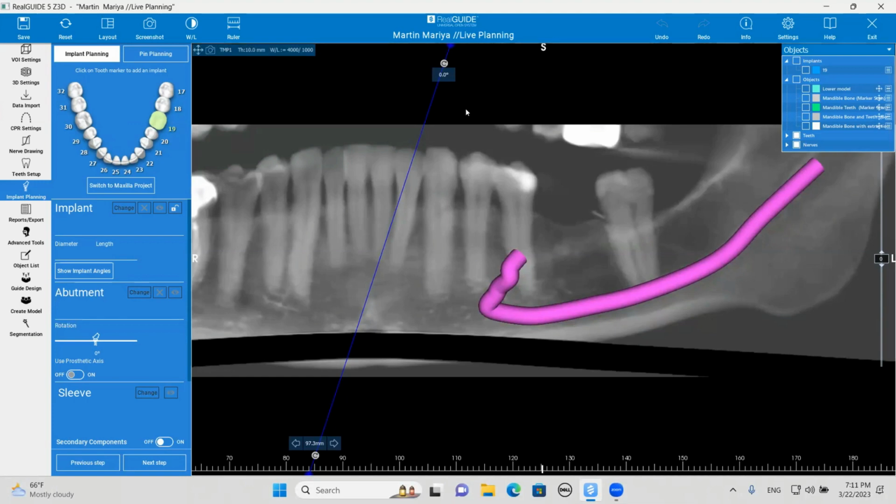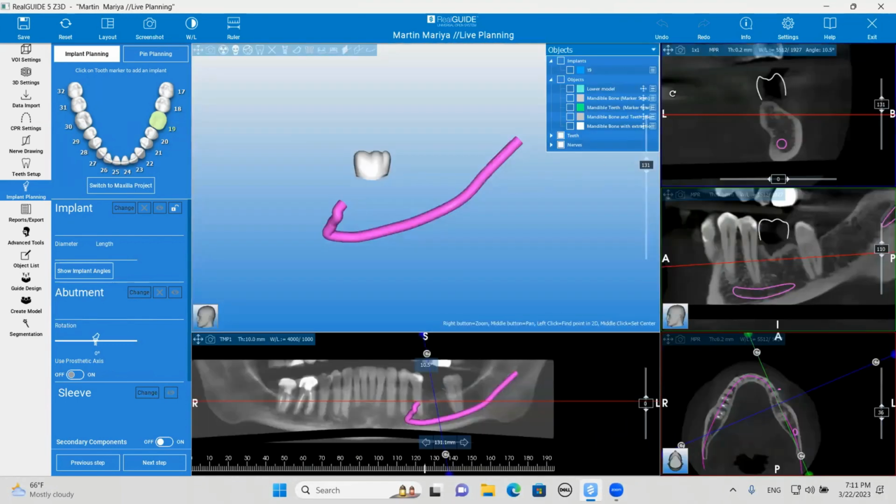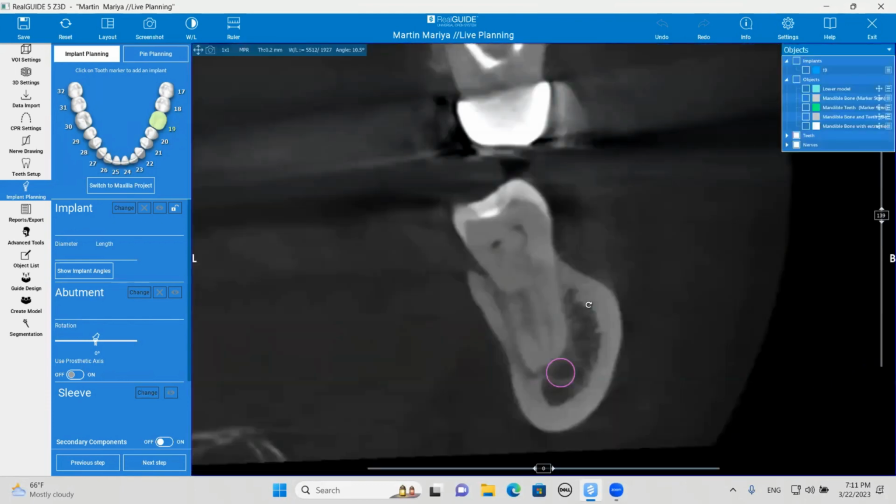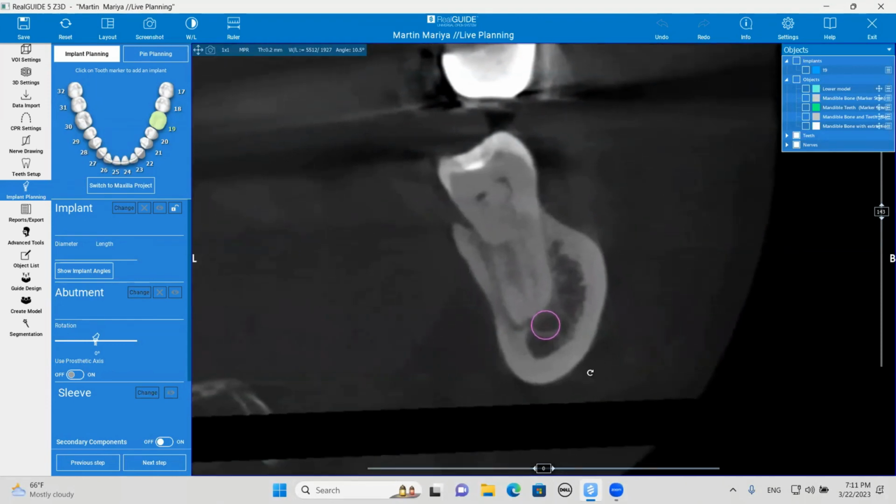Now, I believe this is just the angulation of this Panorex, but that molar tooth, even though it looks like it goes to the inferior border, that's probably just the angle this pan is taken at. So if we look at the course of this nerve, oh no, it is okay. Wow, that's a long root on that molar.